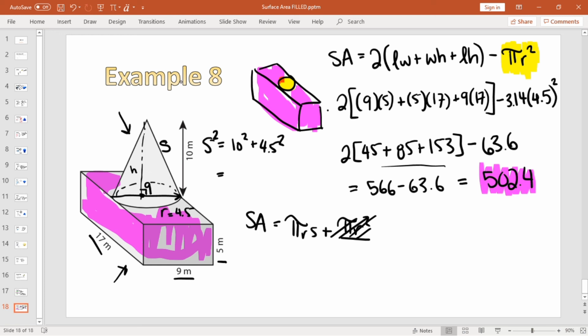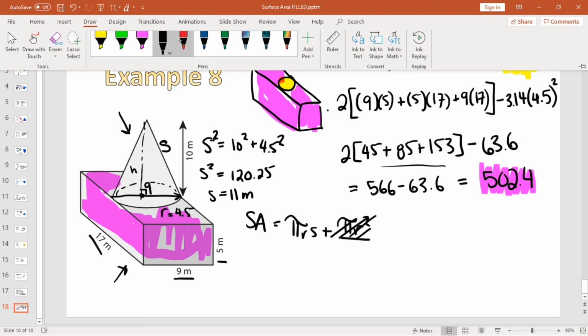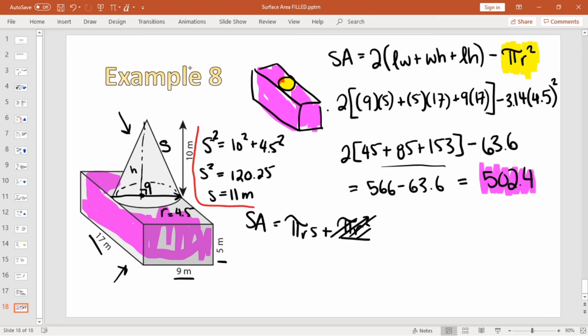And we're going to get 120.25, and when we do that math, take the root, you get about 11 meters. Okay, and I'm just going to box that off so you can see it separately. And that gives us this s.